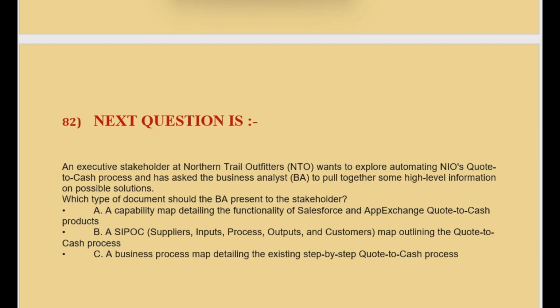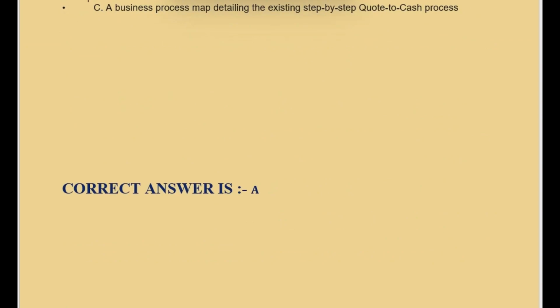Option A, a capability map detailing the functionality of Salesforce and AppExchange quote-to-cash products. Option B, a SIPOC, that is suppliers, inputs, process, outputs, and customers map outlining the quote-to-cash process. Option C, a business process map detailing the existing step-by-step quote-to-cash process. Correct answer is option A.